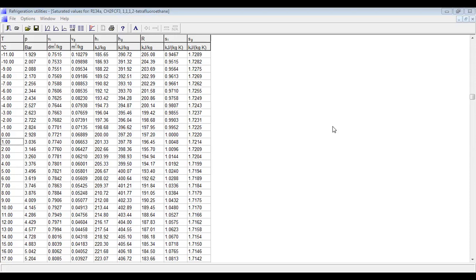So you can use this for very low cooling applications. Low temperature, deep freezing: minus 25, you can use for deep freezing applications. So low pressure, low temperature. This is not ultra low, but it is considered a low temperature application.